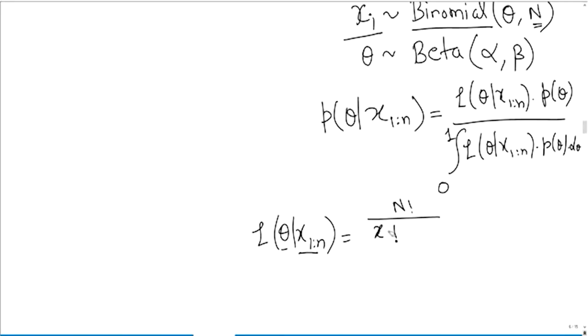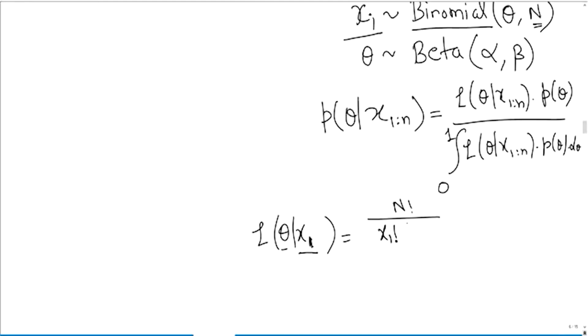Let me write it only for the first one. Let us say N is the same across all experiments; all experiments are of the same sample size. So for our first experiment, you can write L of theta given x1, the data from the first experiment.